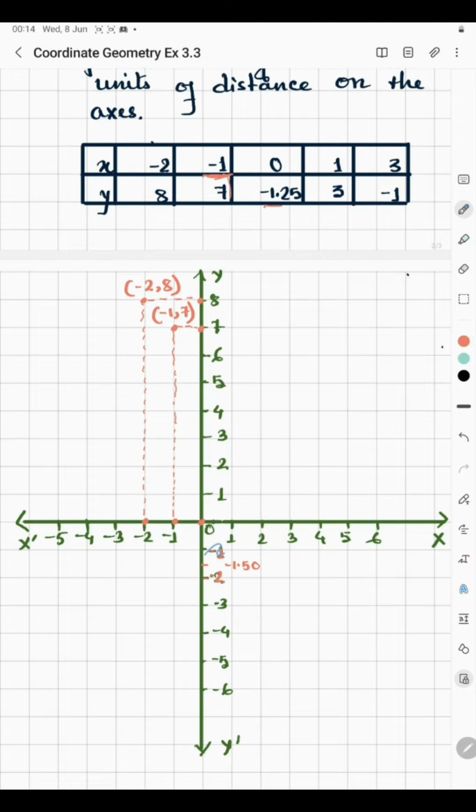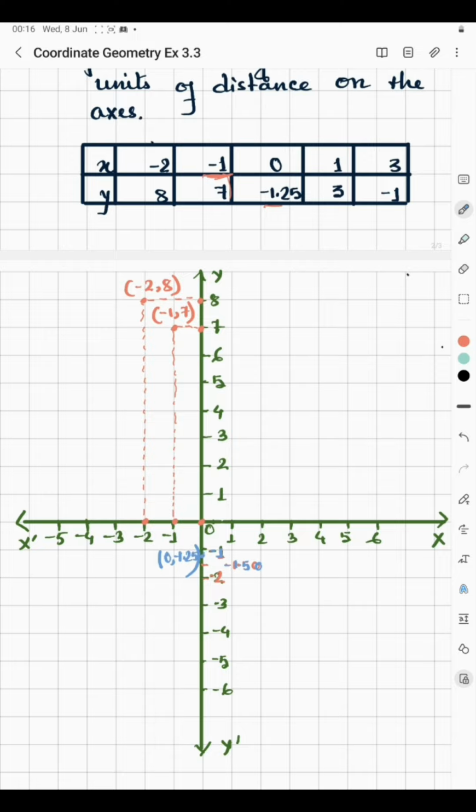So -1.25 will be over here in between -1 and -1.50. So we'll write this is 0, comma minus 1.25. This point lies here in between minus 1 and minus 1.50.